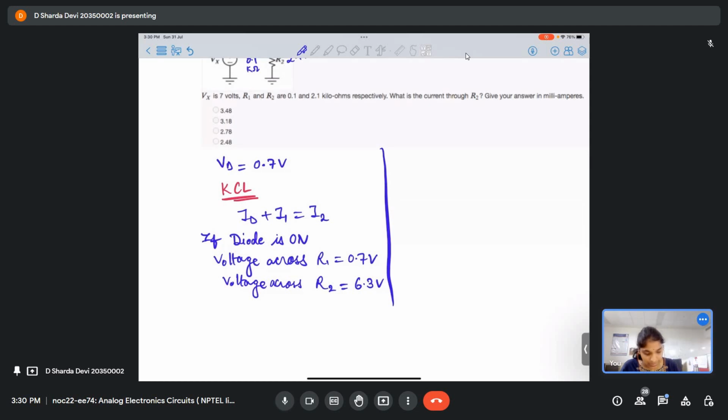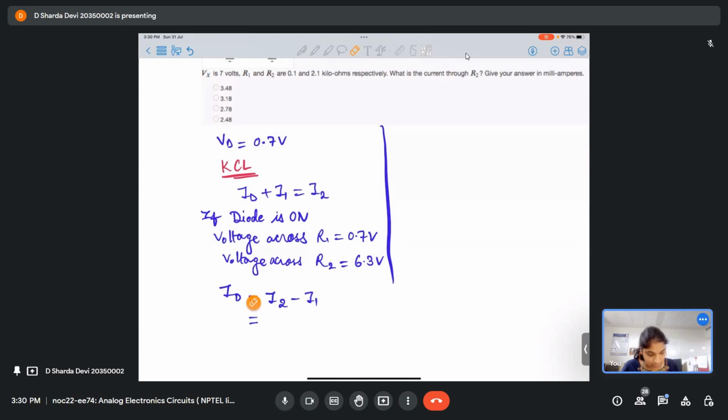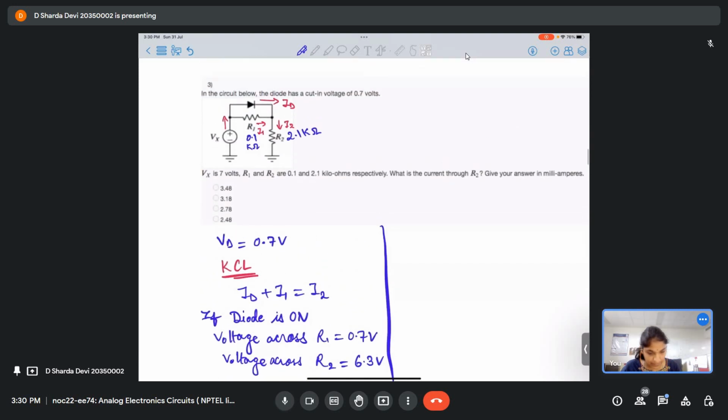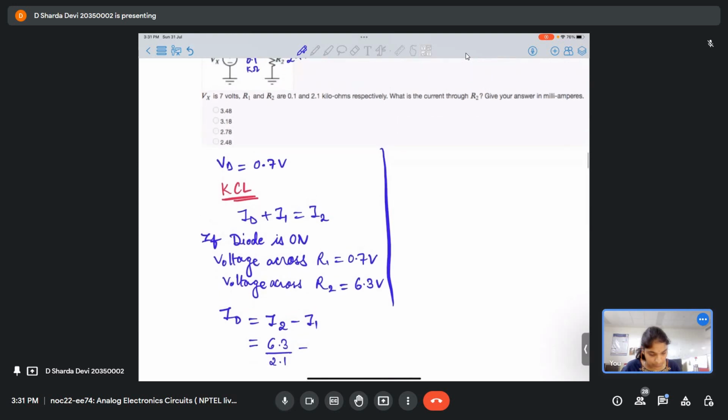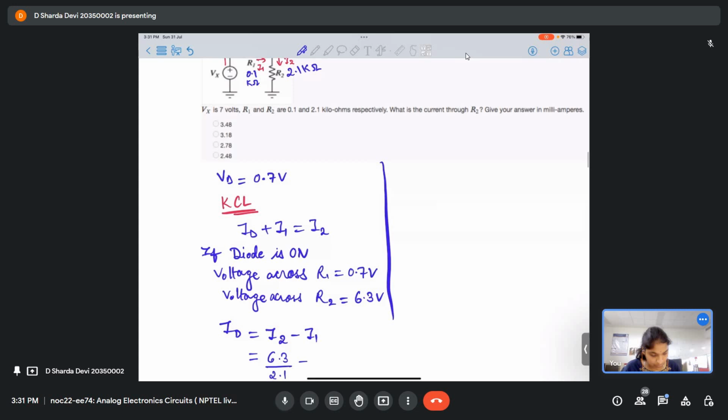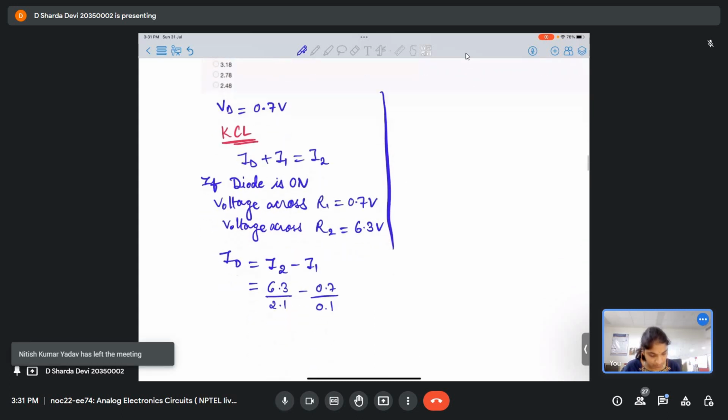So let's see what we are getting for ID. ID is I2 minus I1. So I2 is 6.3 by 2.1 minus 0.7 by 0.1.